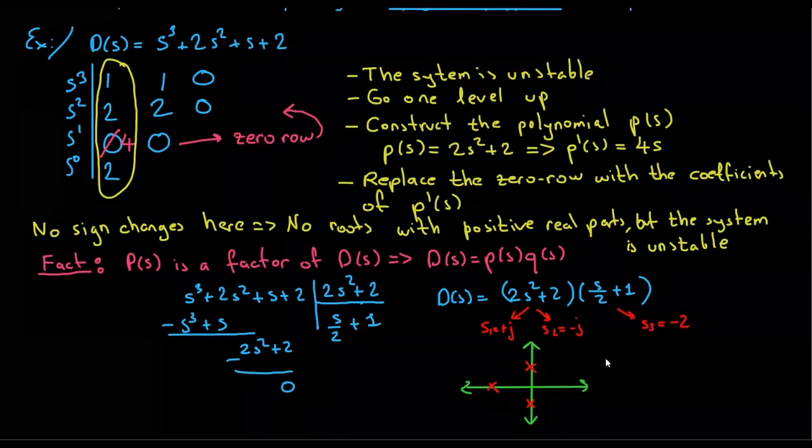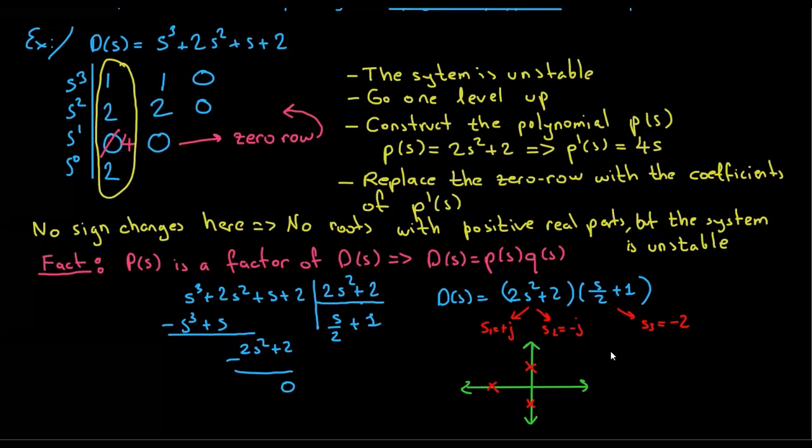Okay, so let's continue with another example. In our next example, let us consider the polynomial s to the power 4 minus s cubed minus 7s squared plus s plus 6.